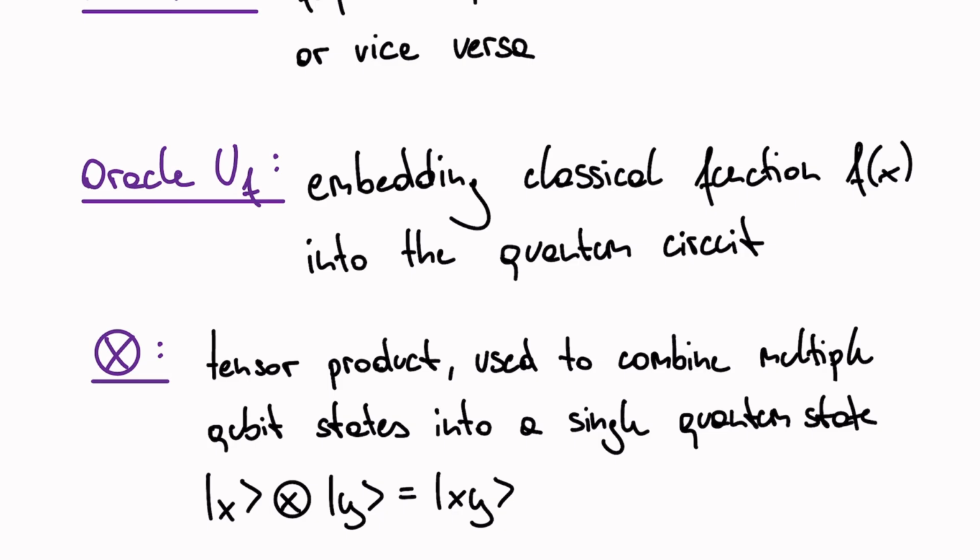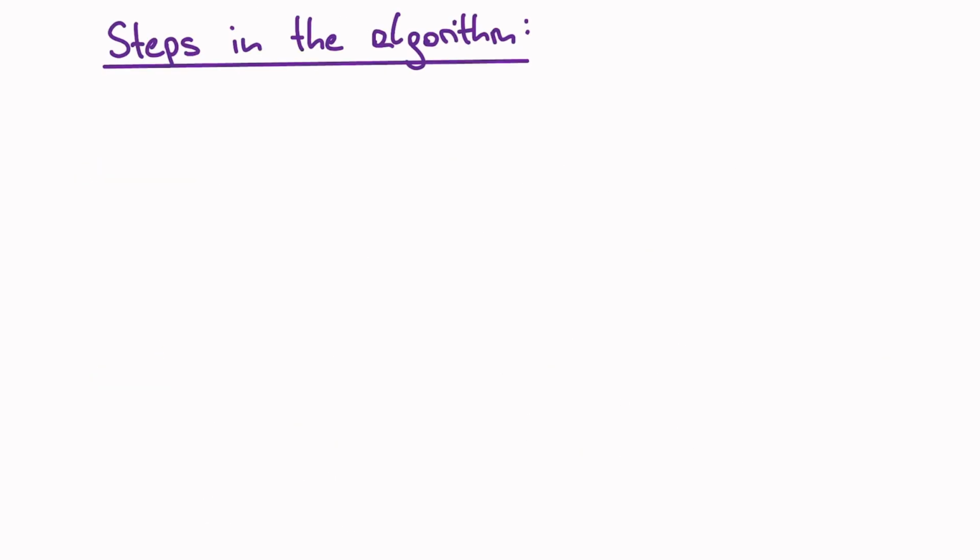We can represent many possible inputs in parallel within a single quantum state. Again, don't worry about fully understanding the math behind this right now. Later in the video, when we do actual calculations, I will explain everything step by step. For now, just remember, the tensor product is how we describe systems that contain more than one qubit.